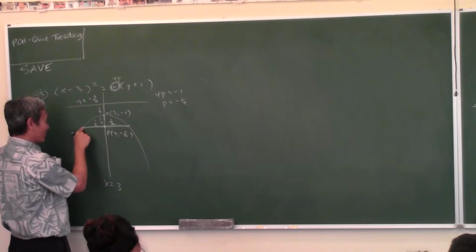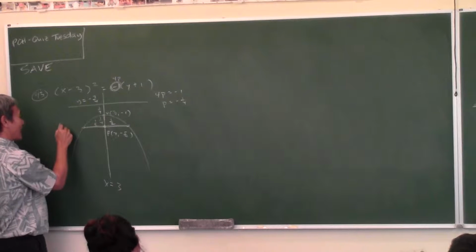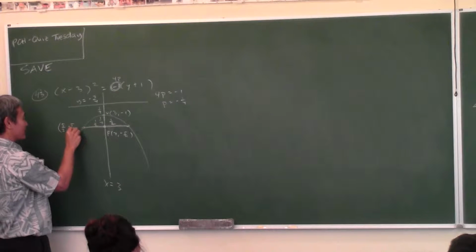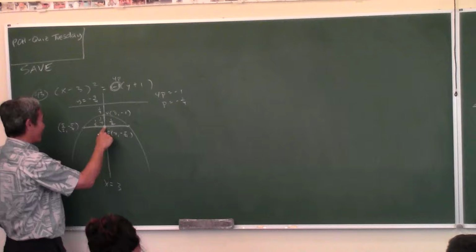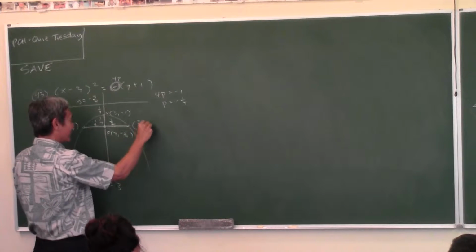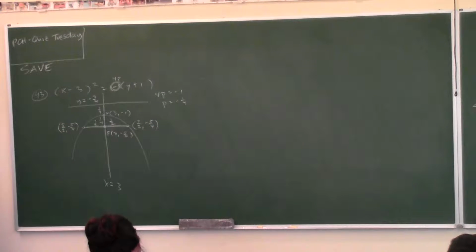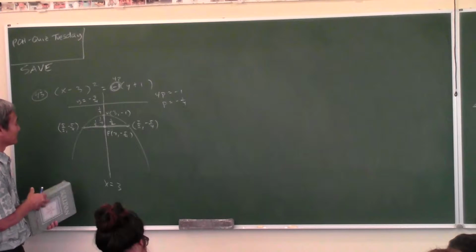If I go 1/2 to the left, you're going to be at 2.5, -5/4, right? Because this is the focus. And then if I go 1/2 to the right, you're going to be at 3.5, -5/4. I just like to write 5/2 and 7/2 instead of 2.5 and 3.5. If you want to write 2.5 and 3.5, that's perfectly fine too.